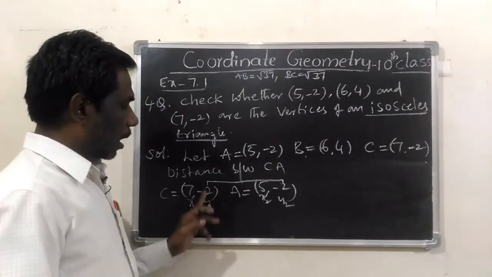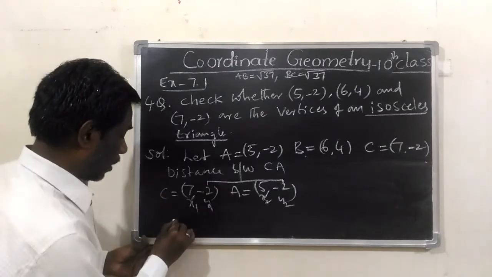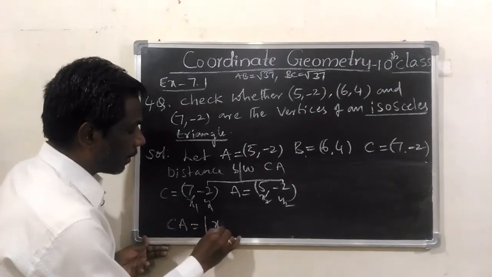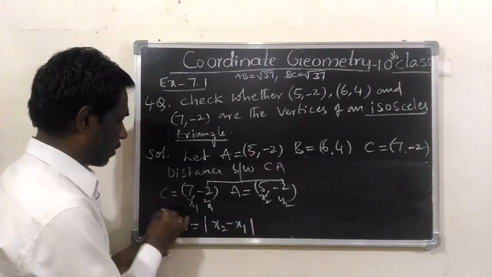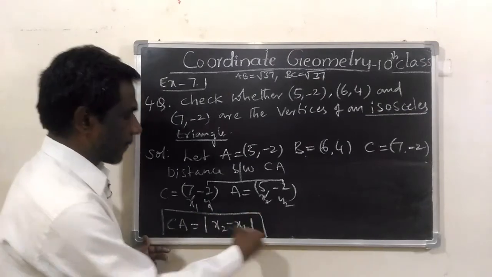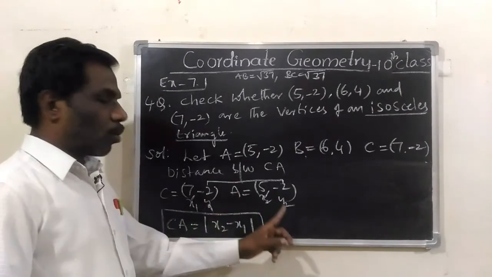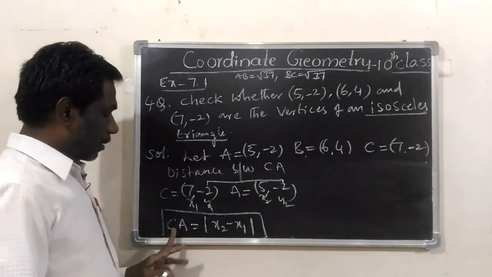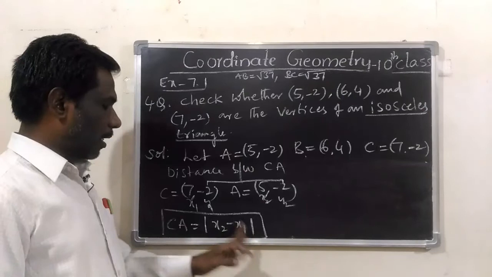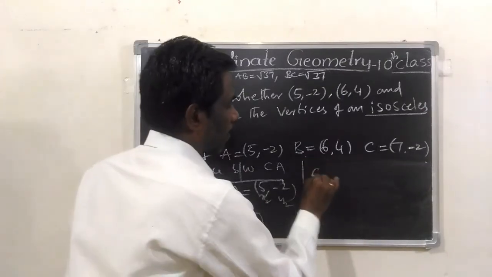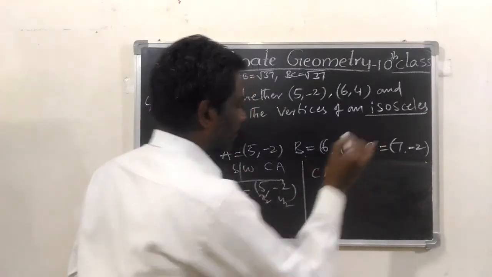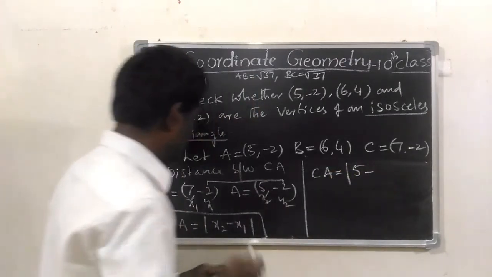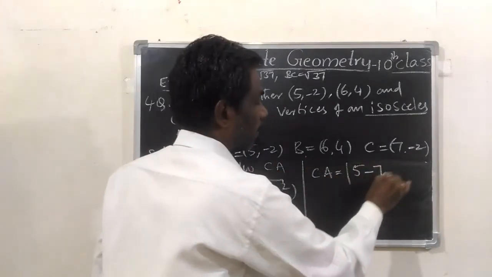So we can use the formula CA equals mod of x2 minus x1, if the y coordinates are equal. x2 is 5, x1 is 7.